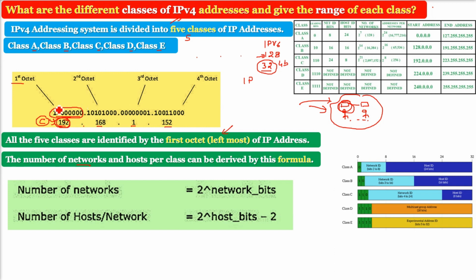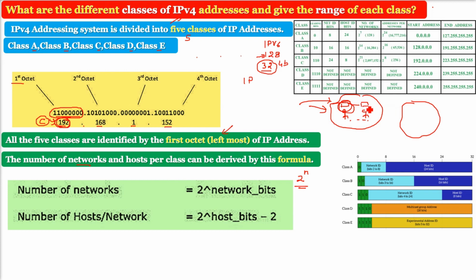So the number of networks and hosts per class can be defined. There is a proper formula, if we understand how many network bits there are and how many host bits there are. For example, if the first bit is reserved, that is 0, it is class A. Class B, if the first 2 bits of the first octet are 10. This is how you decide in which network you are.